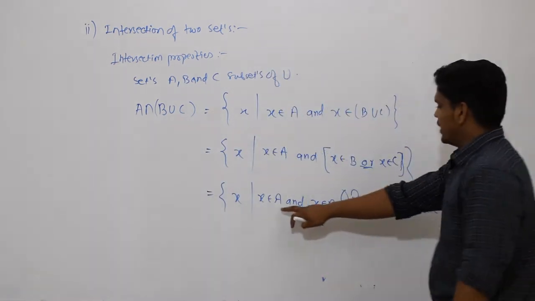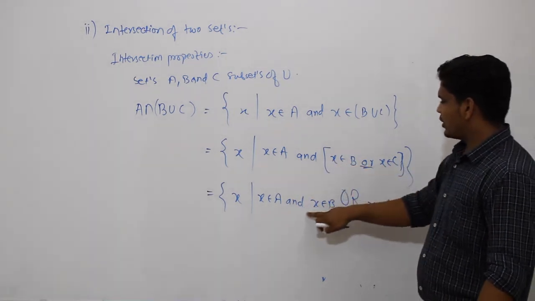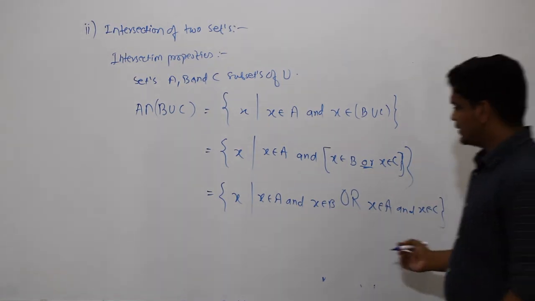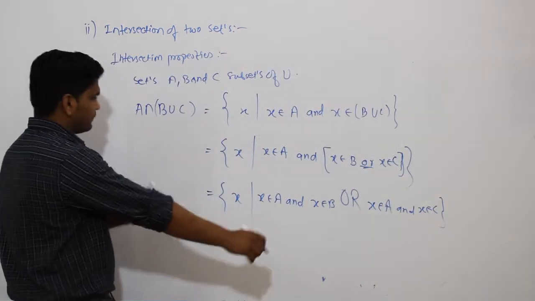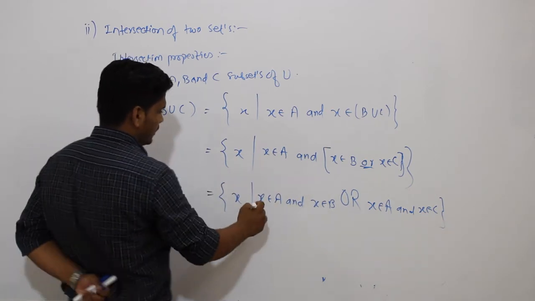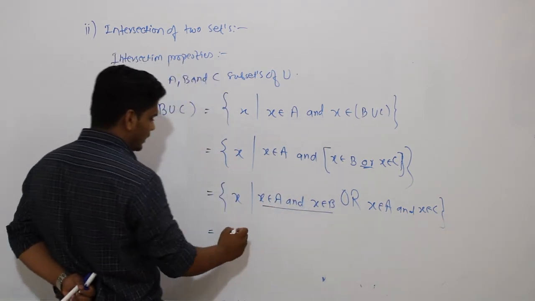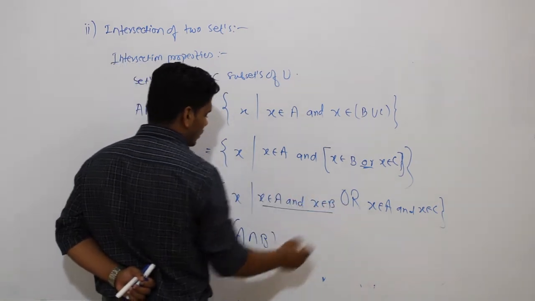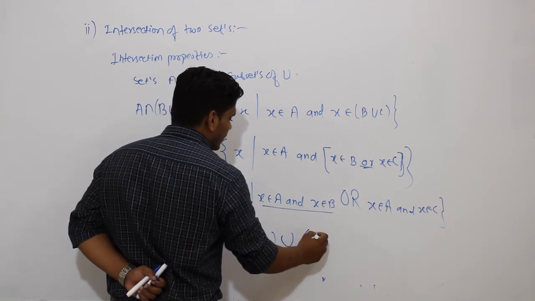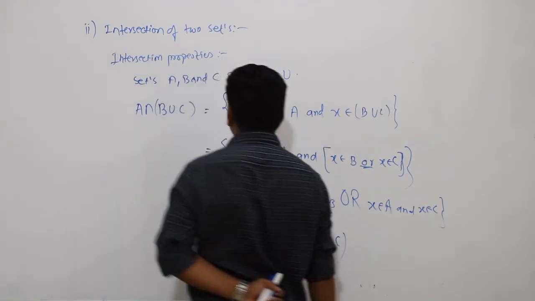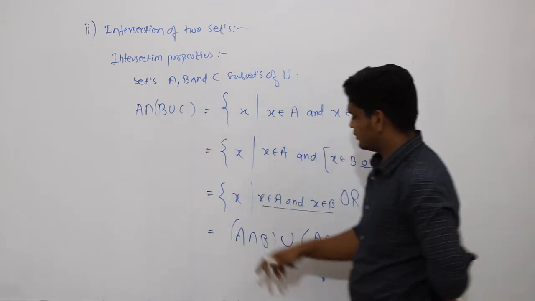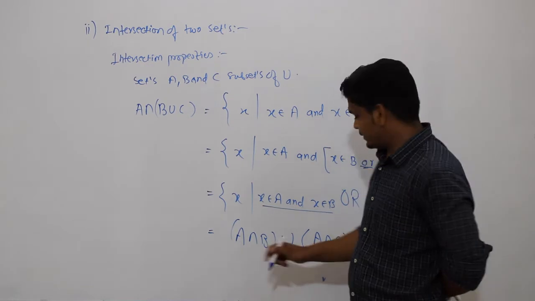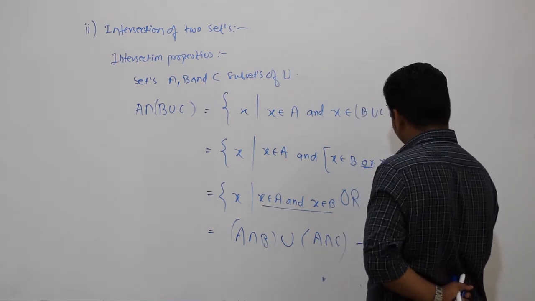But x belong to A and x belong to B is nothing but A intersection B. Now here it is or. Or means union. It is A intersection C. Okay? Means A intersection (B union C) is nothing but (A intersection B) union (A intersection C). Okay? Means this is nothing but distributive law.